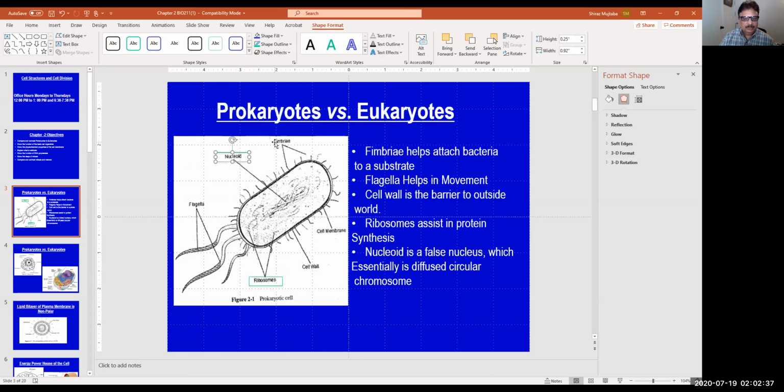And fimbria help in attachment. So, a very simple cellular organization of bacteria.